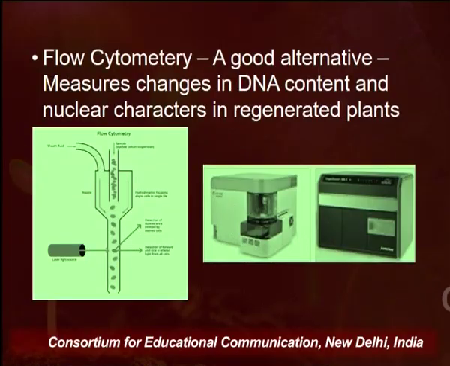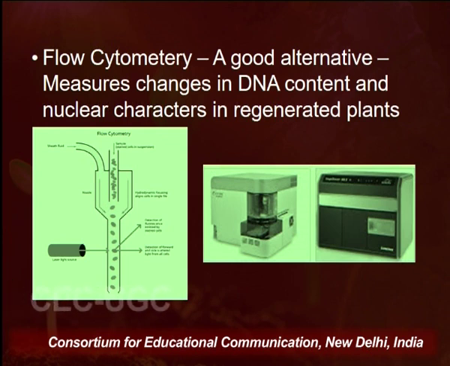Another technique used for cytological analysis is flow cytometry, and the use of flow cytometry has revolutionized the usage of these methods. It is considered a very good alternative that measures changes in DNA content and nuclear characters in the regenerated plants.